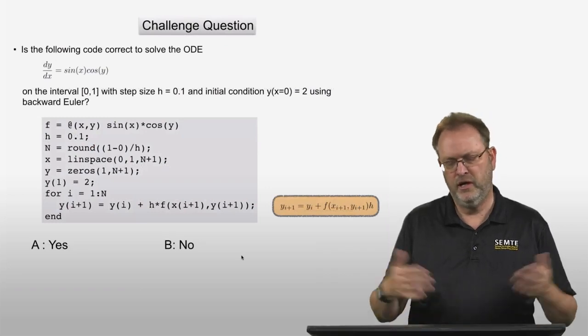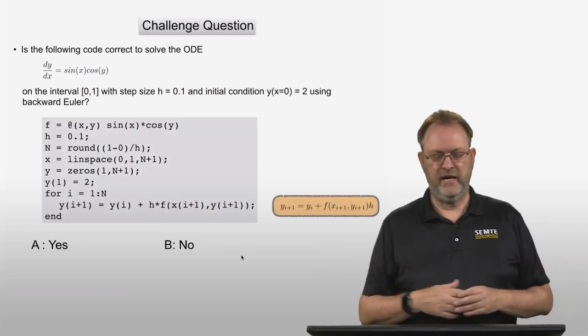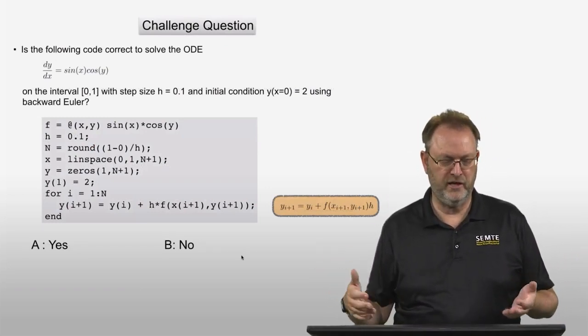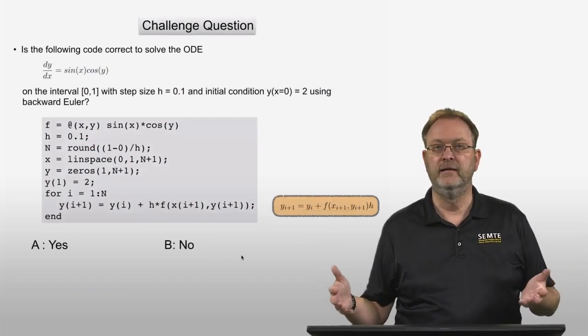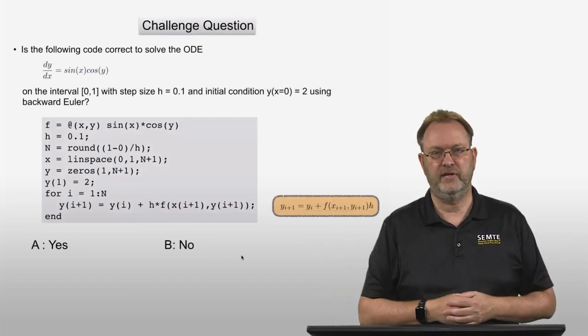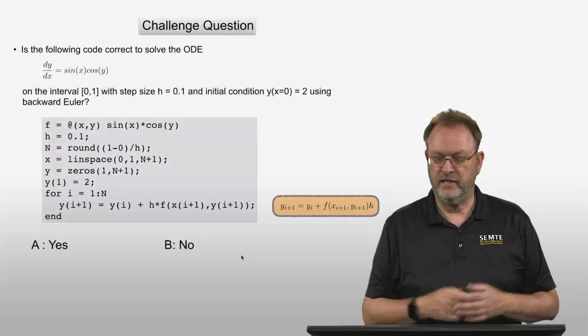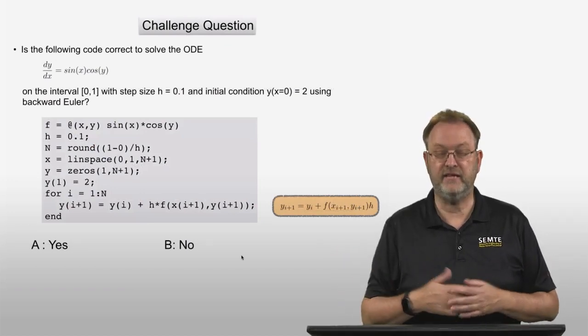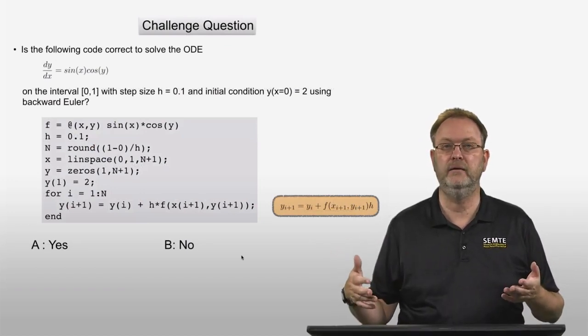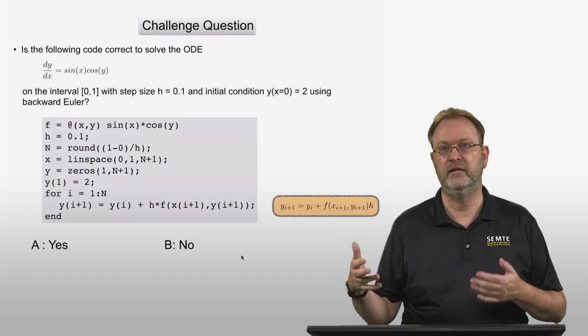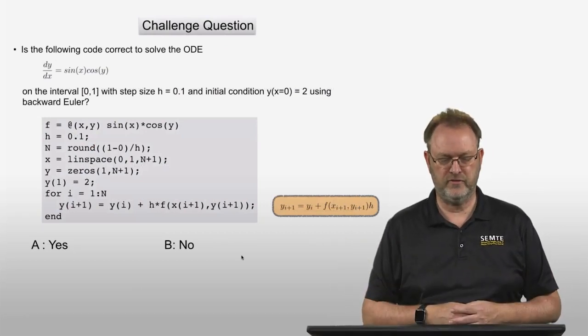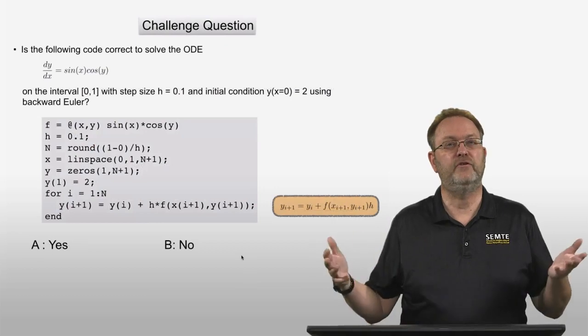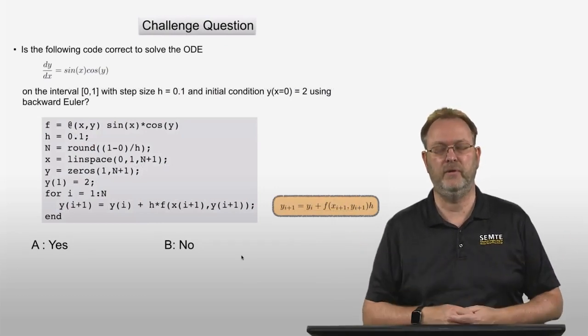That makes sense. And I'm going to pre-allocate a row vector of the solution variable y. I need n plus 1 points for that as well. And I can set the initial constraint that at the first point, y of 1, so the first point x of 1 is 0 because of the linspace command, the y value is 2. Right? That's given in the problem as well.